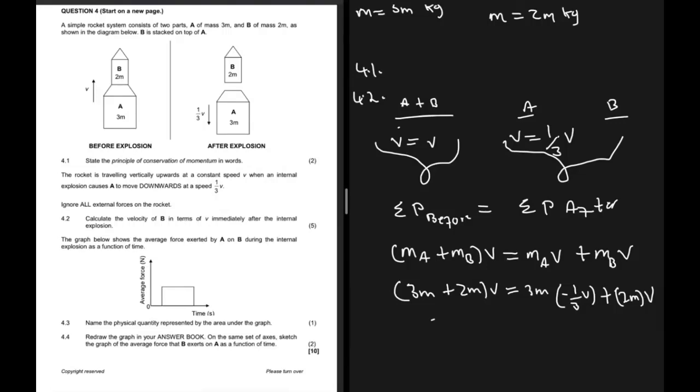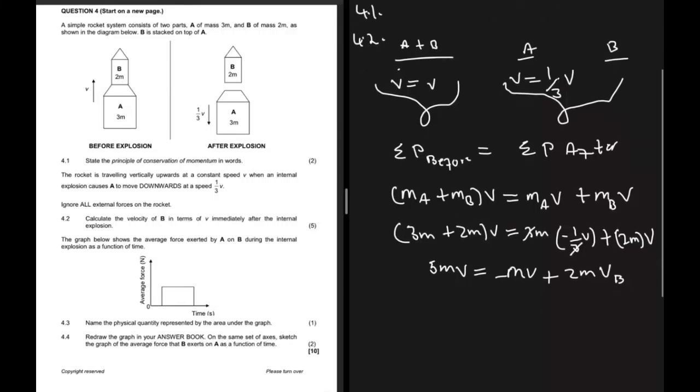So 3m plus 2m gives you 5m, then multiplied by v, that's 5mv. That's our left hand side of the equation. Then 3m multiplied by minus 1 over 3v gives you minus 1mv, because the 3 on the denominator cancels out with this 3. And then plus 2m v.